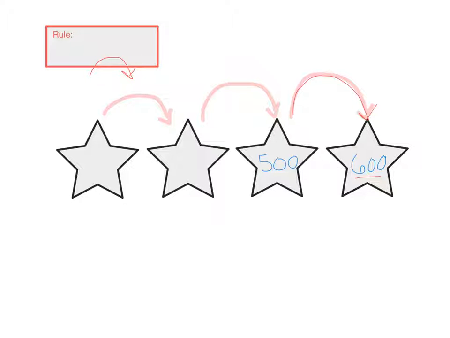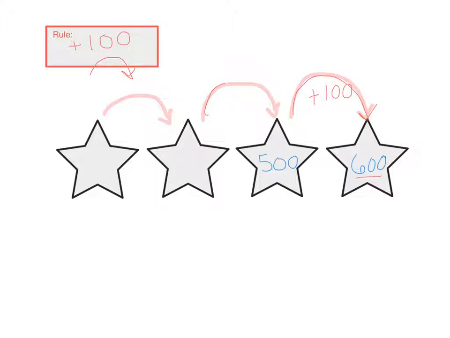So let's think, what can we add to get from 500 to 600? Right, 100 adds up to that. So 500 plus 100 will give us 600. So our rule is going to be plus 100 every time we see that red arrow. All right, so now we have to use our strategy of working backwards.